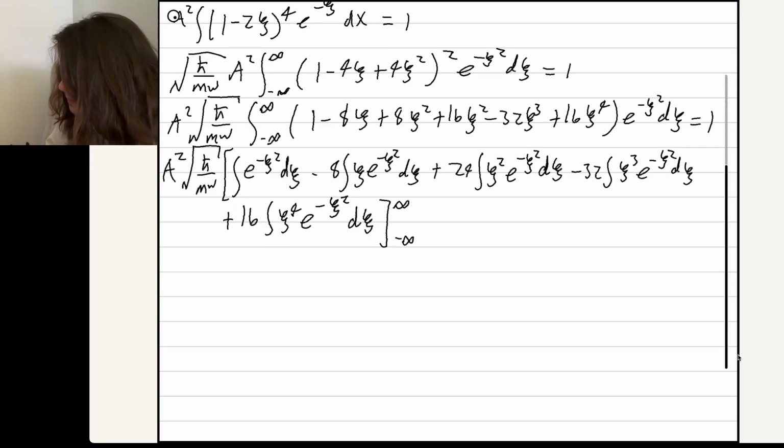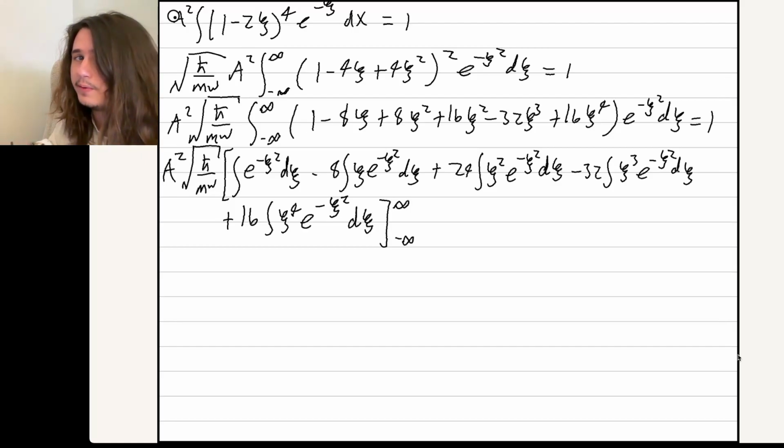Any of these Gaussian integrals that have odd powers of ξ out front evaluate to 0, because they're odd functions.